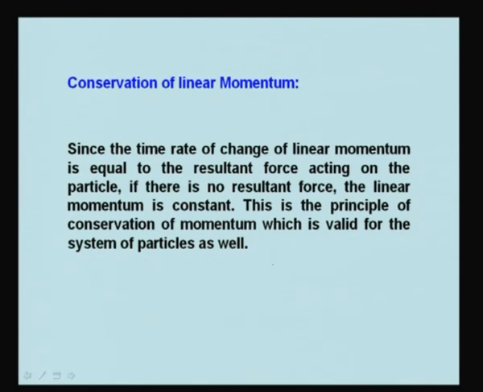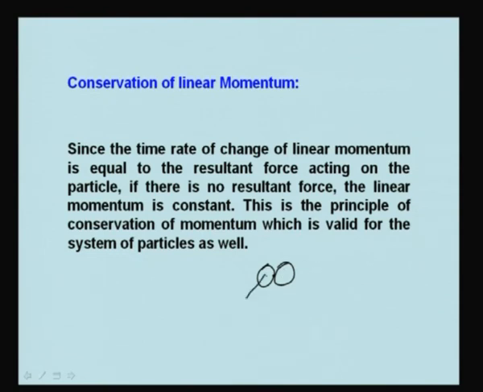If two particles are colliding, one particle is exerting a force on the other particle. Similarly, the other particle is also exerting a force on this particle, but there is no resultant force on the system of particles. Therefore, the linear momentum will remain conserved. These particles may have different velocities.